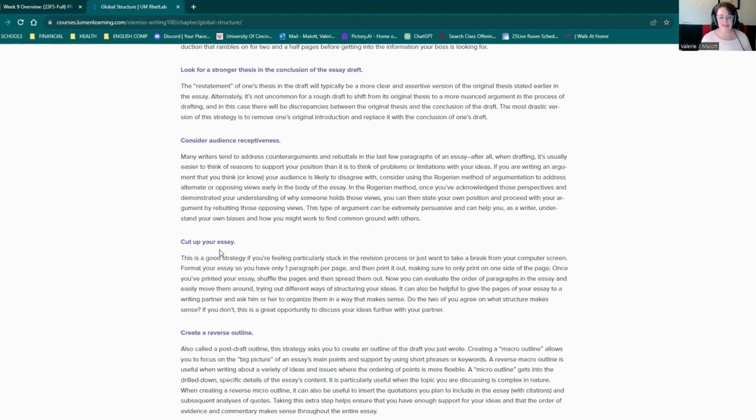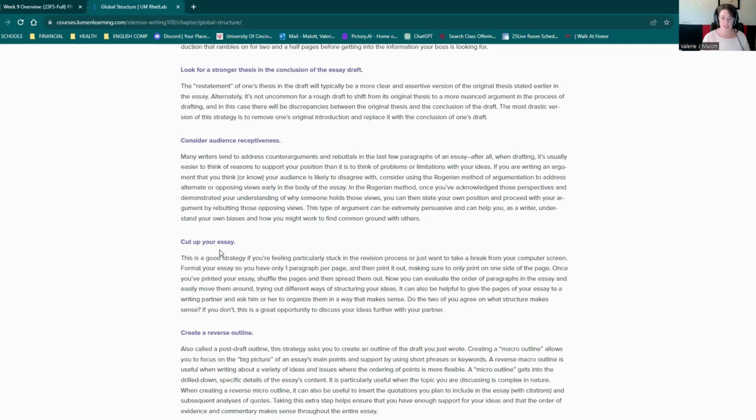One suggestion is to quote unquote cut up your essay. Now, I know that most of us are composing digitally. We don't print out copies of our drafts, but sometimes that can really be helpful to print out a copy of your draft, cut the paragraphs up, and then maybe see if there's a better way to rearrange those paragraphs.